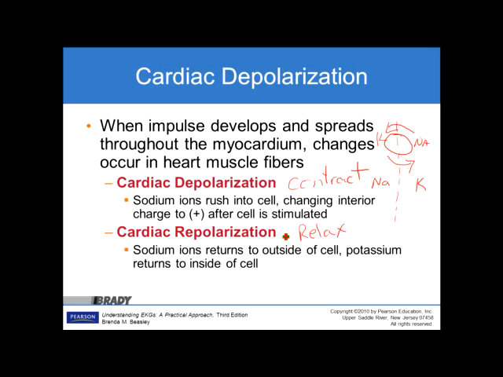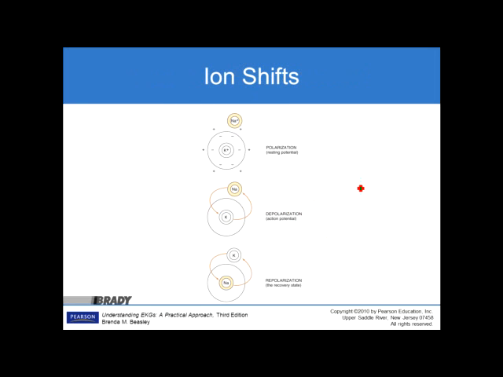Now, whenever repolarization occurs, it again is flipped through the sodium-potassium pump. So depolarization, sodium rushes into the cell, potassium out. Repolarization, sodium goes back outside of the cell and potassium comes back in. And if you can imagine every one of these having a cell wall. This is inside, this is out.